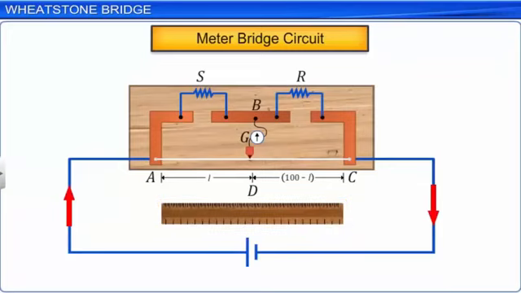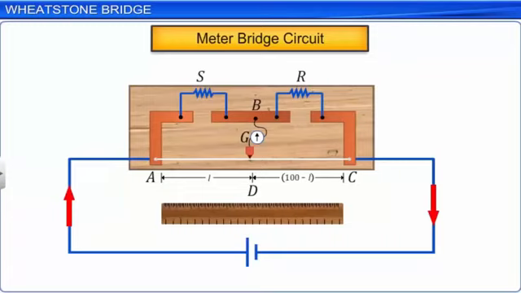There are two gaps, one on the left and the other on the right. In the horizontal part of the metallic strip, two resistors, one of which is known and the other unknown, are attached.